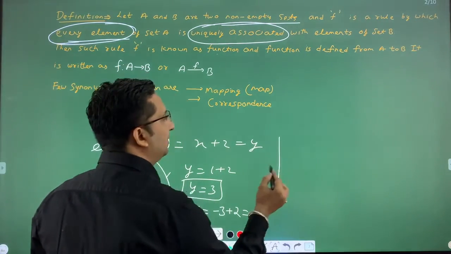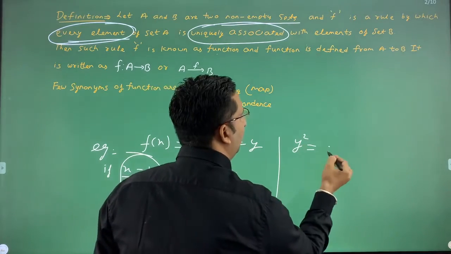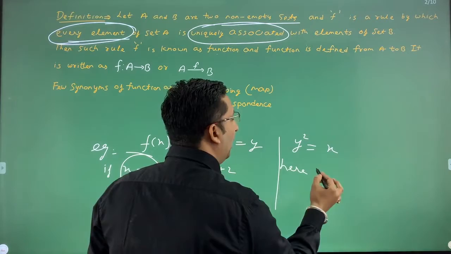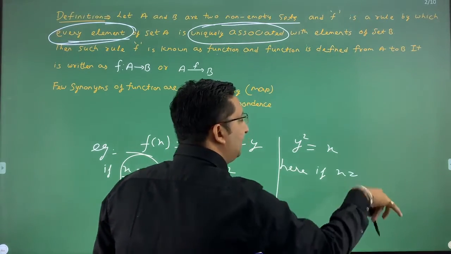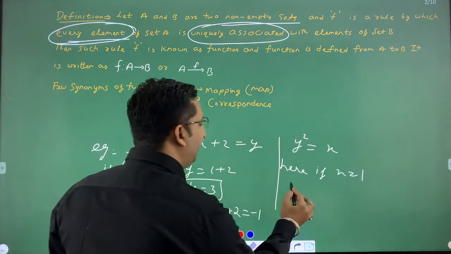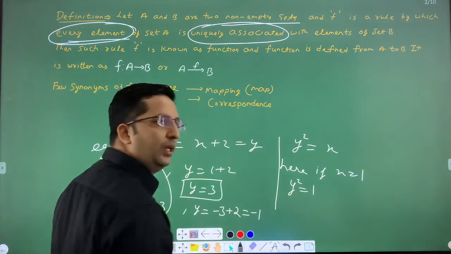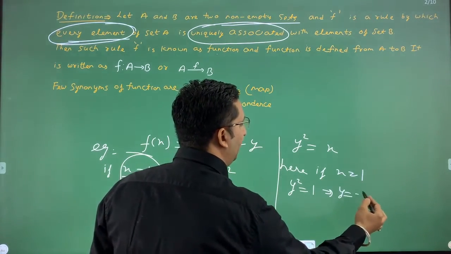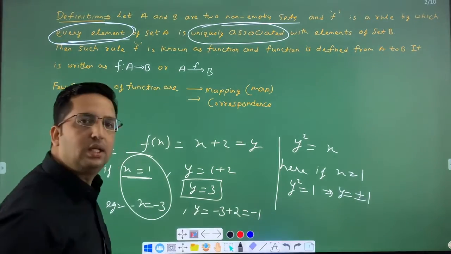If I take an example like y square equals x, and put x equals 1, I get y square equals 1. Solving this equation, I get y equals plus or minus 1.